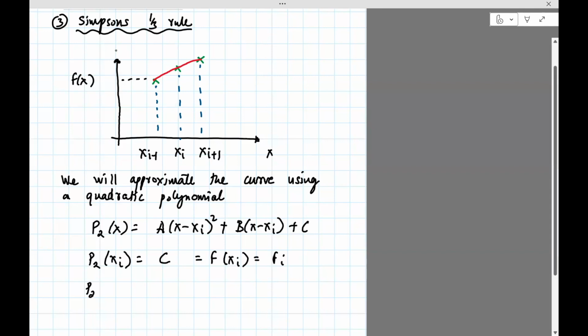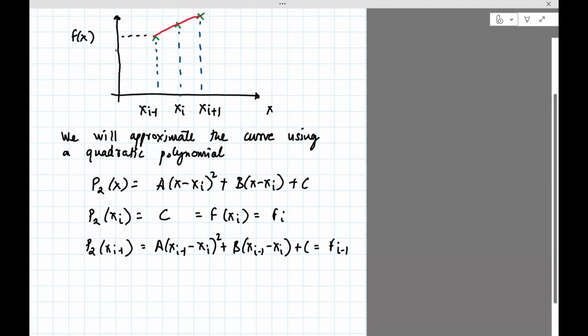You could then put xi minus 1 to get a (xi minus 1 minus xi) square plus b (xi minus 1 minus xi) plus c equals fi minus 1. And then you can also put the value at xi plus 1, a (xi plus 1 minus xi) square plus b (xi plus 1 minus xi) plus c equals fi plus 1.